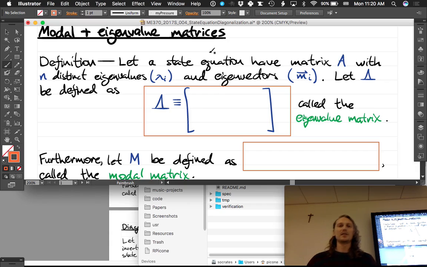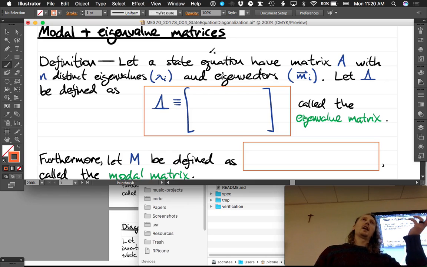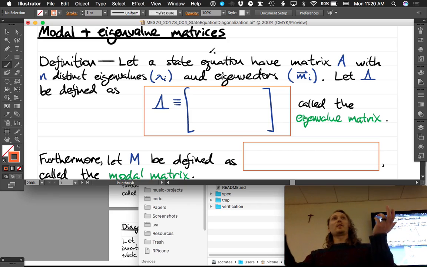Okay, so definition. Let a state equation have matrix A with n distinct eigenvalues lambda i and eigenvectors m i. Okay, so each eigenvalue lambda i corresponds to an eigenvector m i. Okay, we learned how to find those last time.